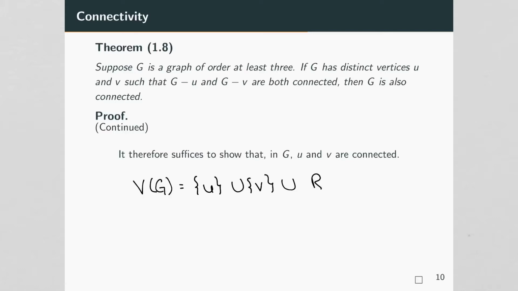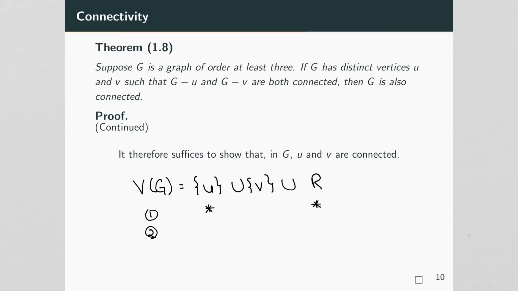To see why that is true, you're thinking about comparing all the different pairs to see if they're connected. When you think about your different options, you could see if U is connected to everything in the set R, which it is because G minus V was connected. So U and R were in that graph.